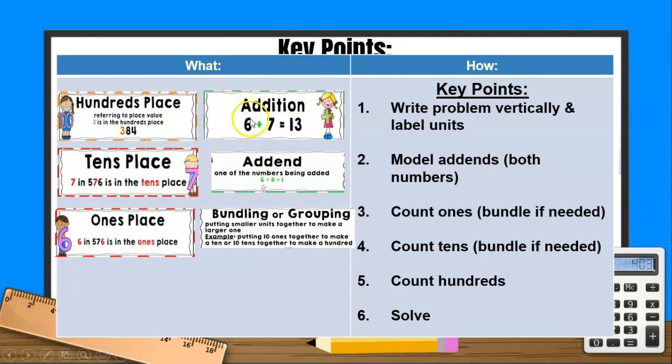And each of these parts that are being added are called addends. Addend plus addend equals a whole. The other key word that we are learning is bundling. And bundling means when you put 10 ones together and you make the circle in the ones place or the tens place or hundreds place, and you put it in the next value.